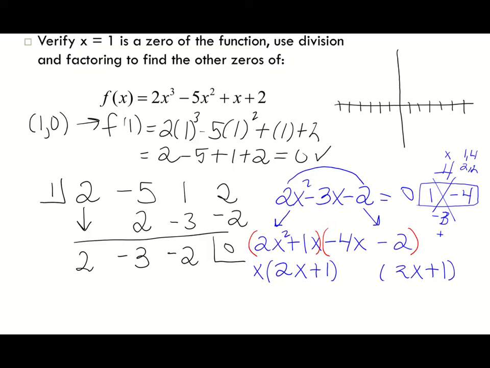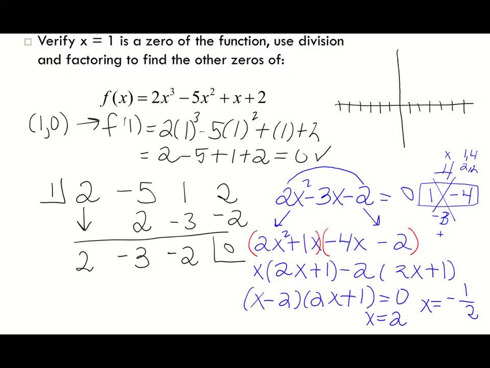And they both have a negative 2 in common, so if I factor that out, I'm left with x minus 2 times 2x plus 1. Since I'm trying to find my zeros, if I set both factors equal to 0, I get x is equal to positive 2 and x is equal to negative 1/2.